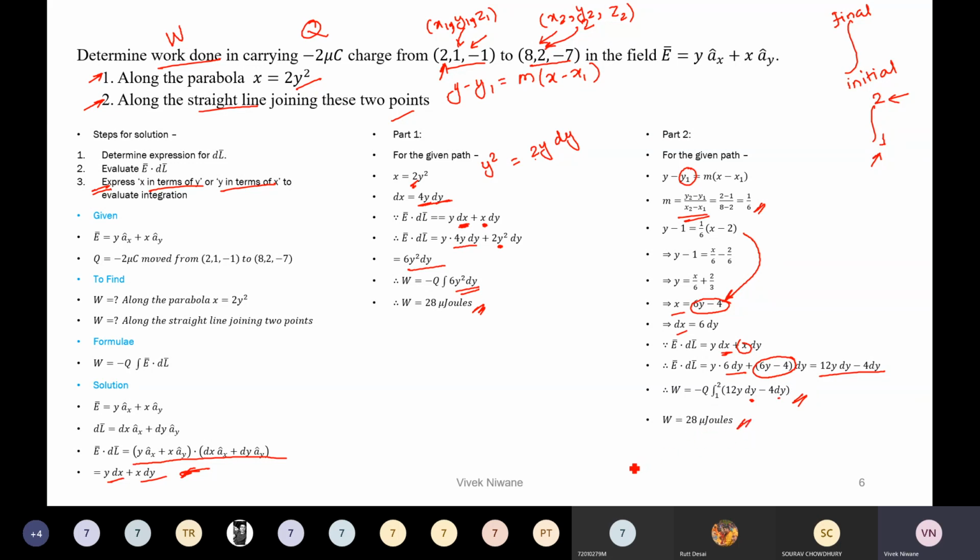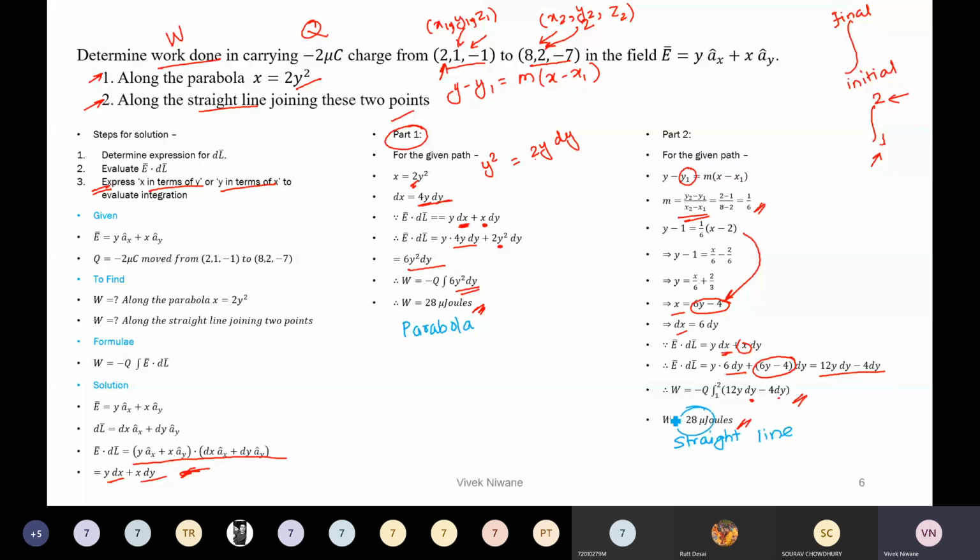This is a straightforward numerical, but there is a very interesting point to note over here. In part 1 we had a parabola. So this is the work done for a path in a parabola, and this is the work done for a path in a straight line.